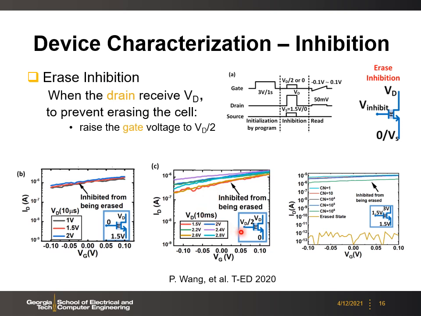For example, if we bias the gate to be half of the drain voltage, then we can see that the transistor still maintains a large drain current. That means the device is not erased. And we repeated this inhibition condition for many erase cycles, up to 10 to the power 6. Still, the current stays high. That means the inhibition is successful.